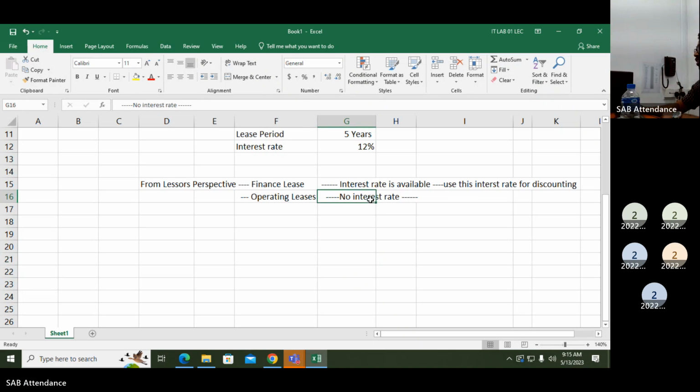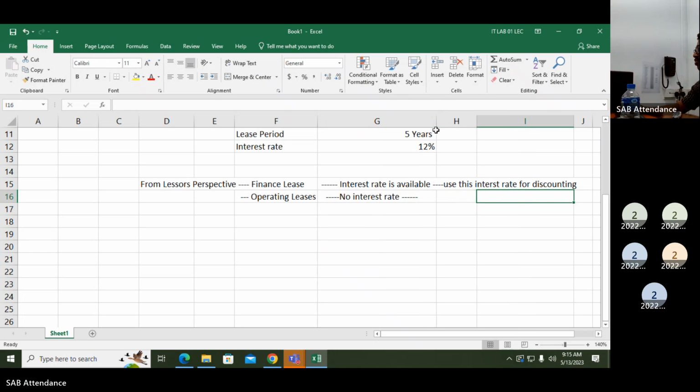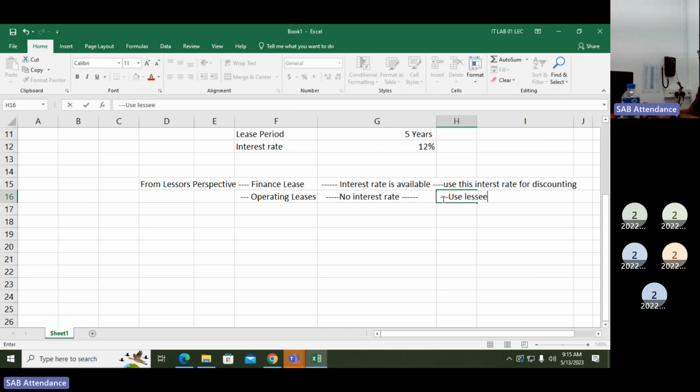Then in this case, use the lessee's incremental borrowing rate for discounting.